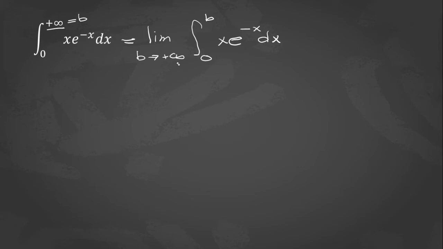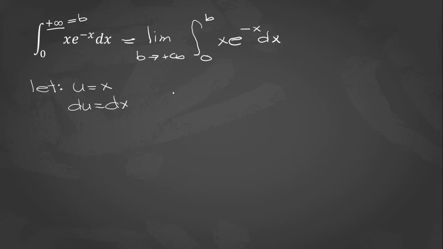Before we take the limit of our integral, we must first evaluate the integral. Notice that we can solve this by using integration by parts. So we let u be equal to x and du be equivalent to dx.